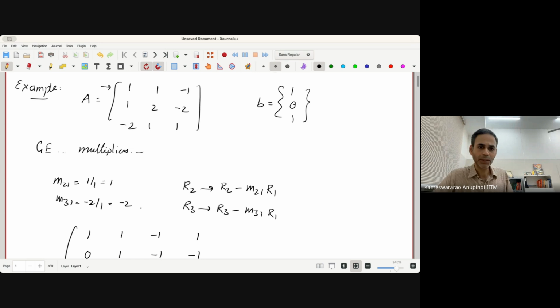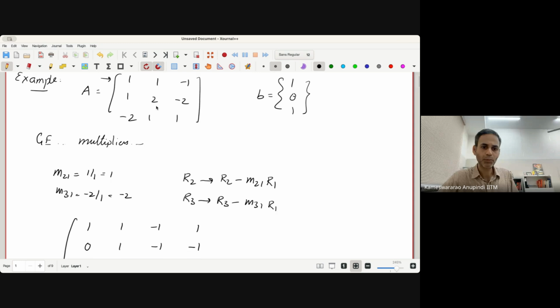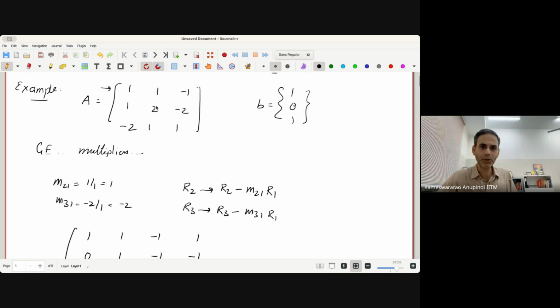And then we have 1 again, minus of minus 2 times minus 1. So for this one, we have 1 minus of minus 2 times minus 1, which is going to be minus 1.